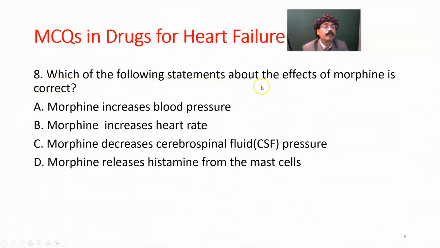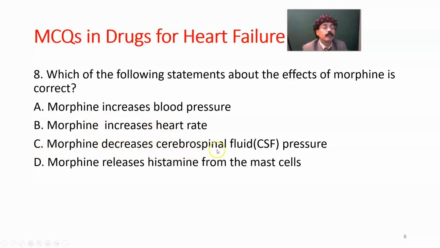Question number 8. Which of the following statements about the effects of morphine is correct? Morphine increases blood pressure? No, it has no role in blood pressure, but in high doses it may even decrease blood pressure. Morphine increases heart rate? No, it has no effect on heart rate, but in a large dose it may decrease the heart rate.